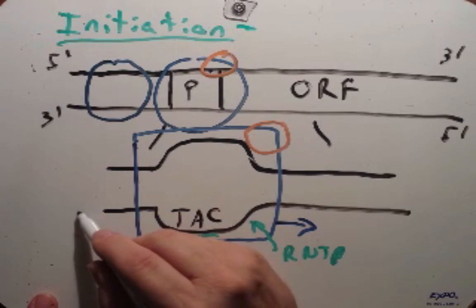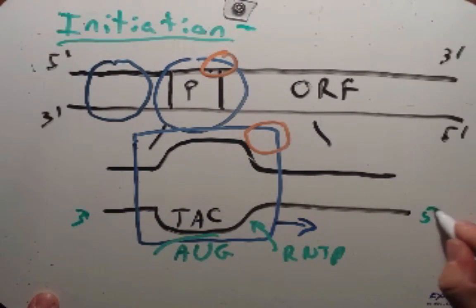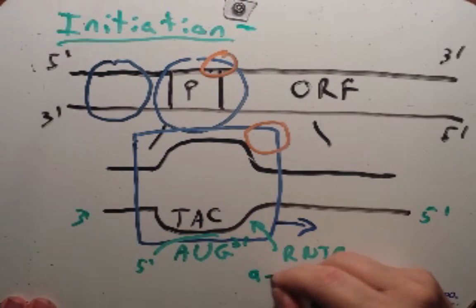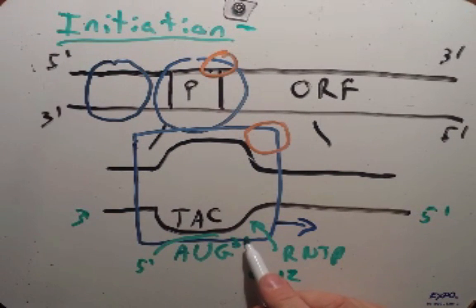And remember, over here we had 3' to 5', so this is going to be 5' to 3'. The process of initiation will allow between 9 to 12 base pairs to form before it moves to this next stage of elongation. So this ends the initiation stage once these 9 to 12 base pairs are made.